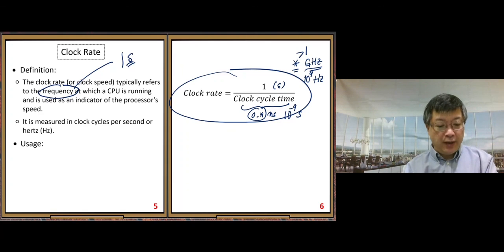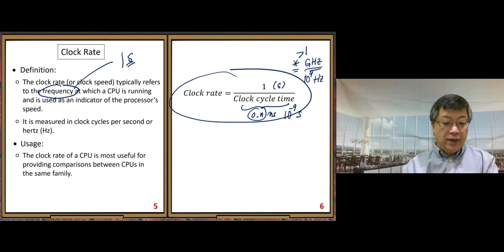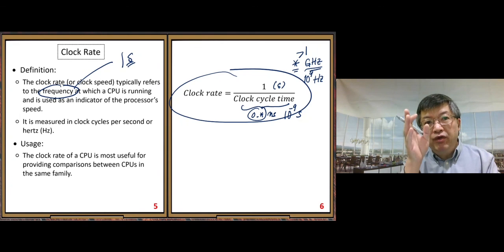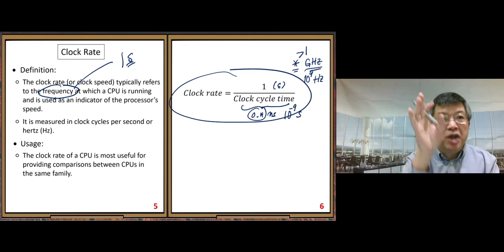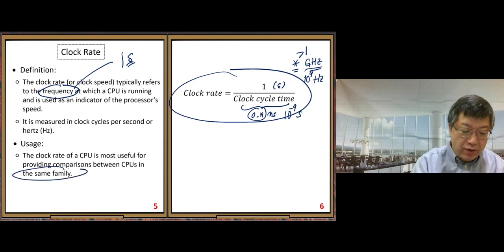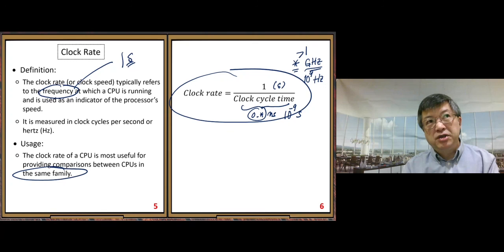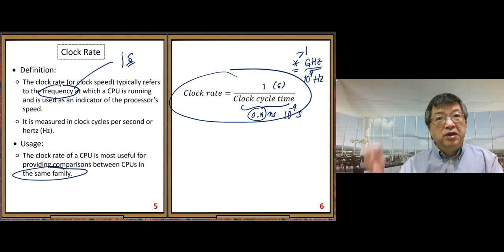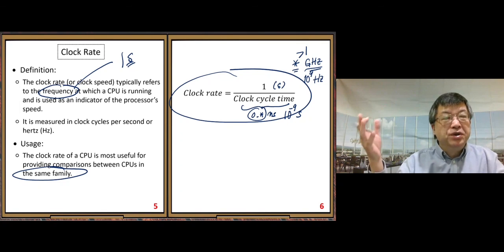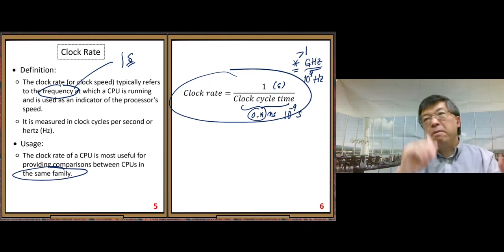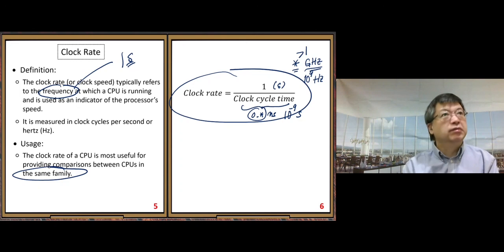What is the right way to use this concept? The clock rate of a CPU is most useful for providing comparisons between CPUs in the same family. That's important. Otherwise, if you compare different types of CPUs, you cannot get a good conclusion.